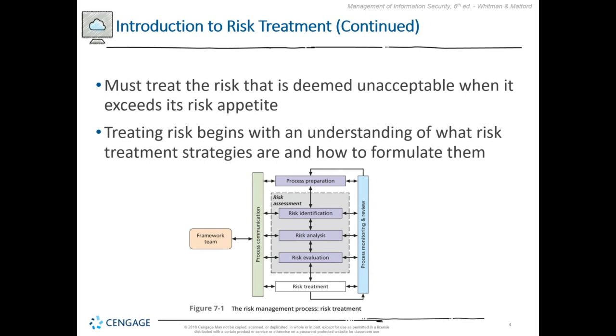After the risk management process team has identified, analyzed, and evaluated the level of risk inherent in information assets, which is its risk assessment, it's going to start looking at how we can mitigate those risks. What is the acceptable risk versus too much risk?